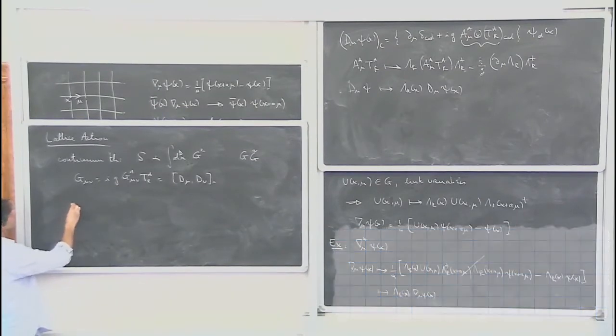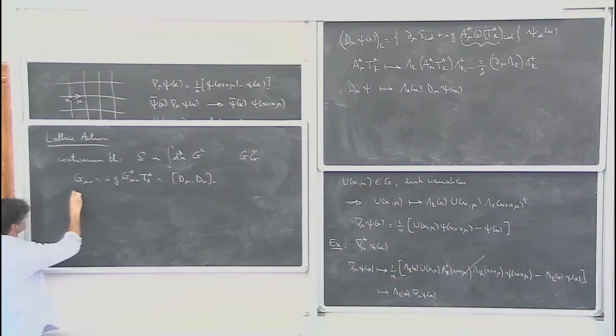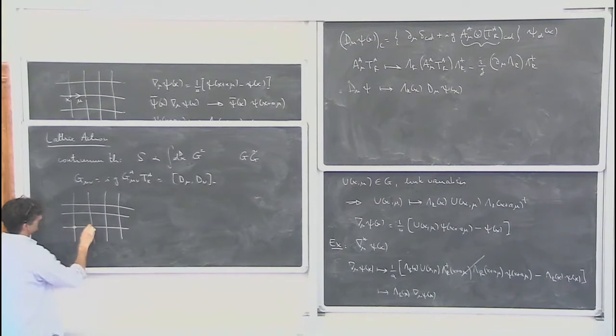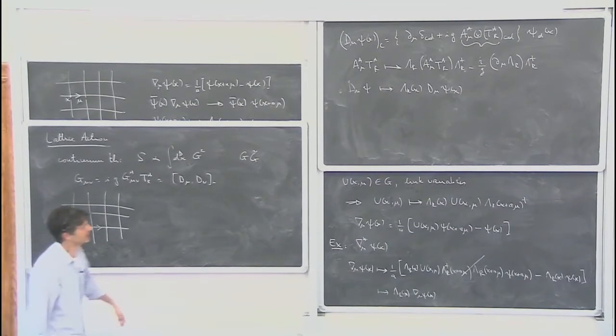Well, okay, let's have a new lattice. Suppose I take the product of two gauge links, okay?